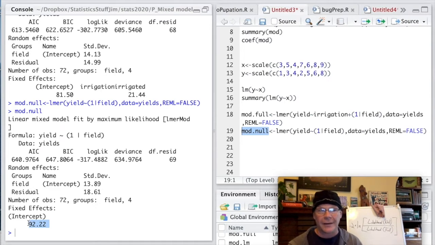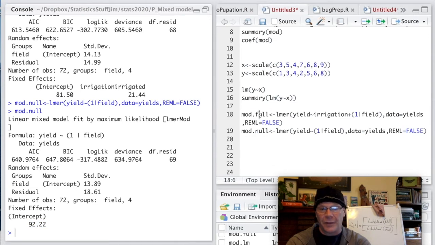So whereas in AIC, you could compare, say in this example, a model that just has irrigation and a model that just has density, you can't do that with a likelihood ratio test. The likelihood ratio test is always going to be a nested structure of how the models are put together.